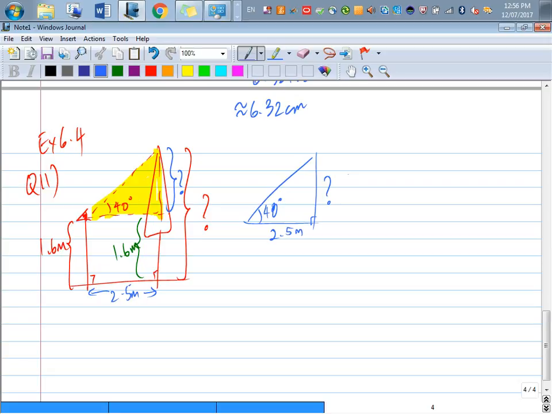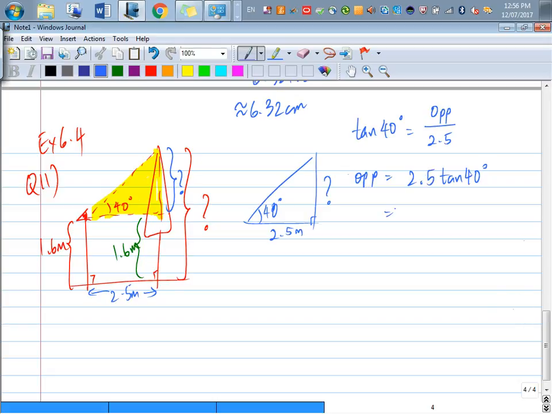This diagram, you are not listening. Tangent, thank you. Tangent 40 degrees equals to opposite. Right now, I do not know what opposite is. I shouldn't just write O because it looks like 0, so we're just going to write OPP over adjacent, which is 2.5. So opposite is equals to 2.5 tangent 40 degrees.